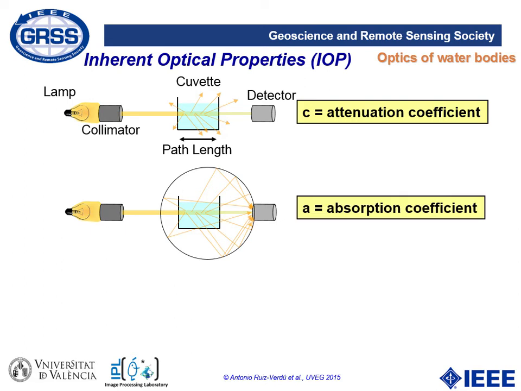So this second magnitude is the absorption coefficient. In the first case, we are measuring the total attenuation of light, and in the second, the attenuation due to absorption only.